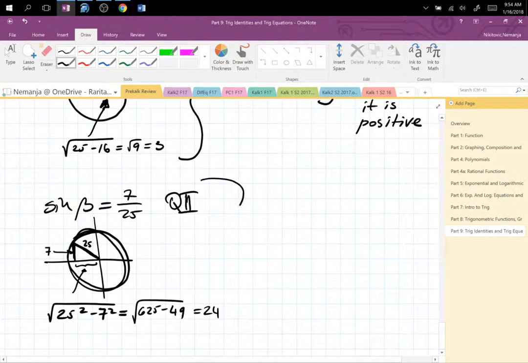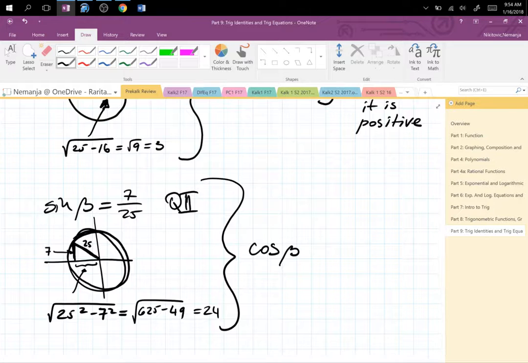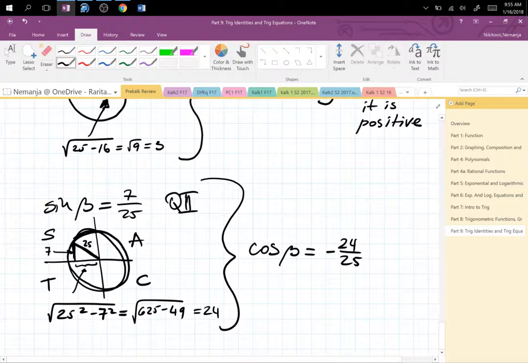So now all of this information tells us that the cosine beta is adjacent over hypotenuse, which is 24/25, cosine beta equals negative 24/25. Why negative? All students take calculus, cosine is negative.